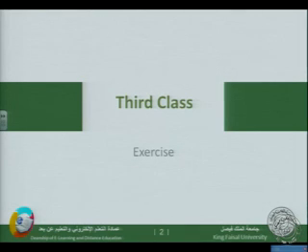In the second class, we focused on the consonants, how to describe them using three main ways. The first is the place of articulation, the second is manner of articulation, and the third is whether the consonant is voiced or voiceless.